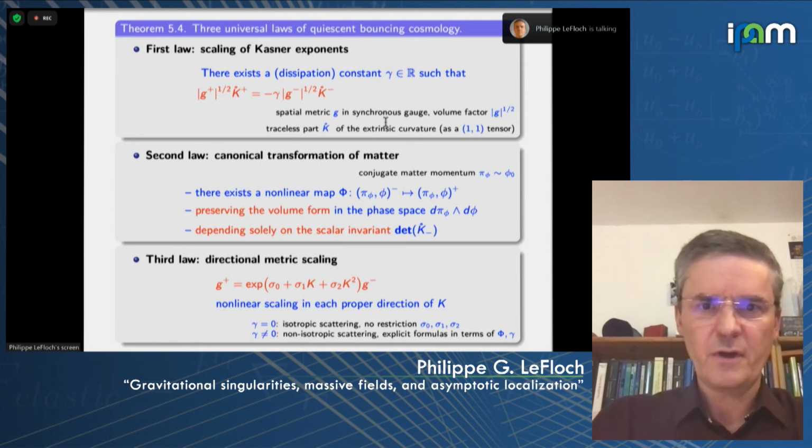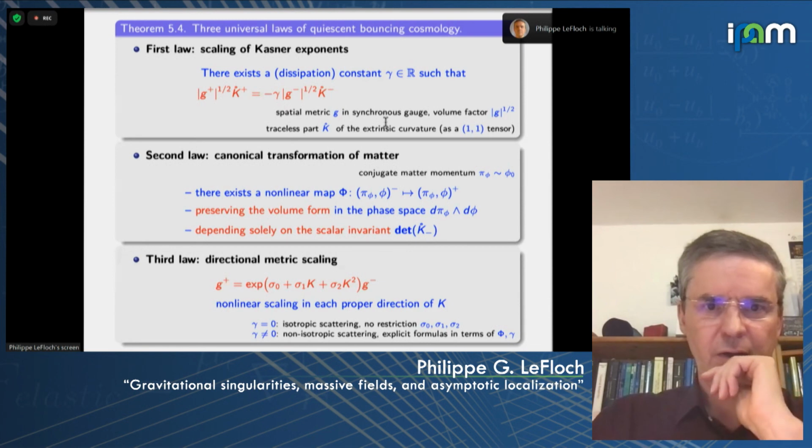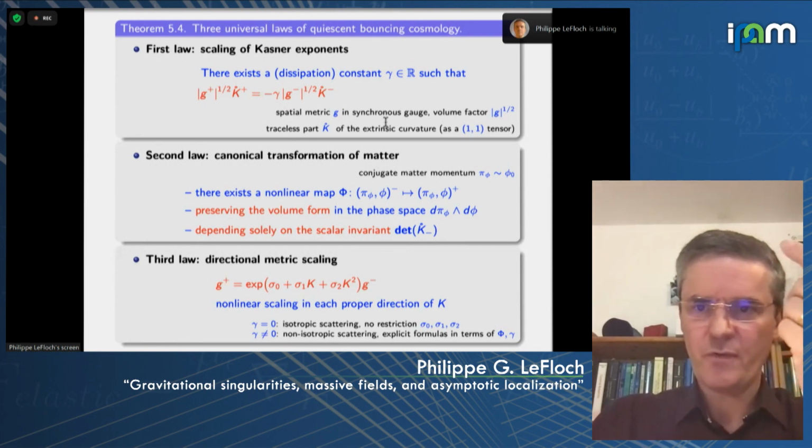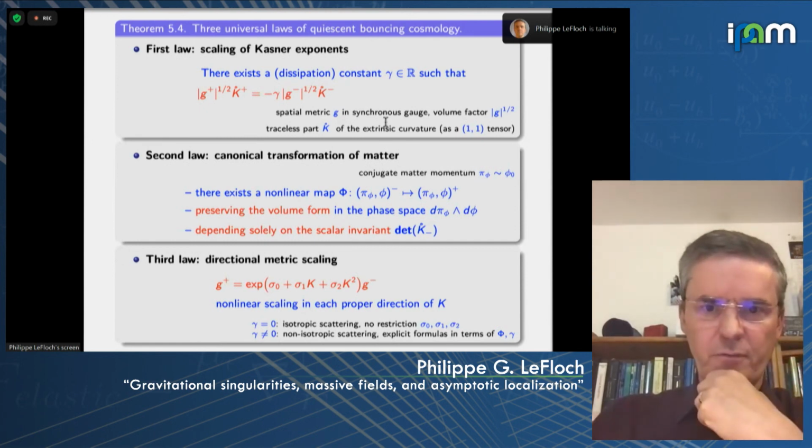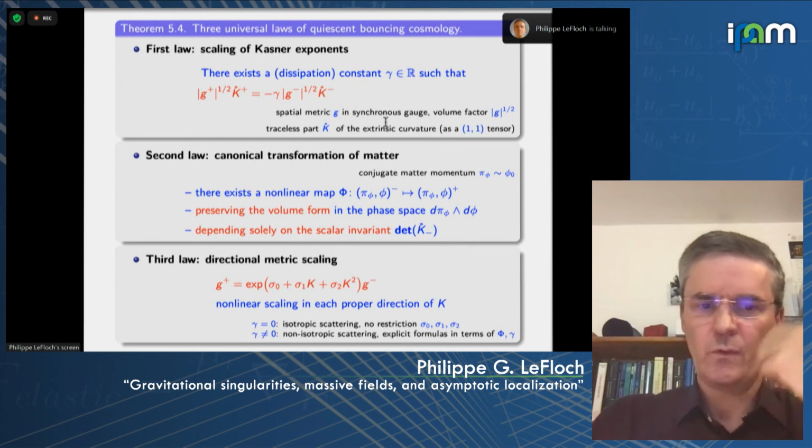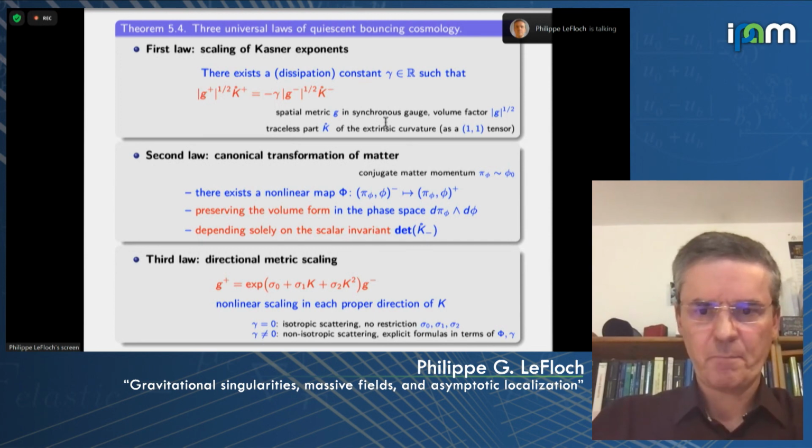And you see that very few degrees of freedom appear. So gamma is a scalar constant. And then there is a certain nonlinear map that lives in the space of the matter variable, and certain exponents to tell you how you rescale your metric.